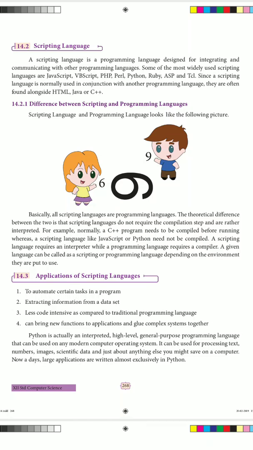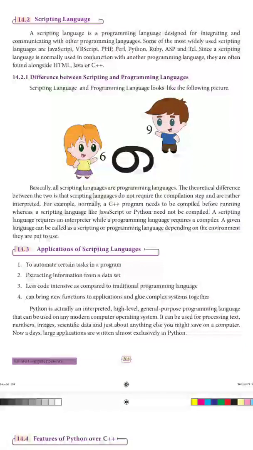A scripting language requires an interpreter, while a programming language requires a compiler. A given language can be called a scripting language depending on the environment it is put into use.